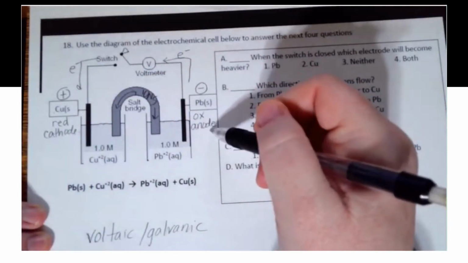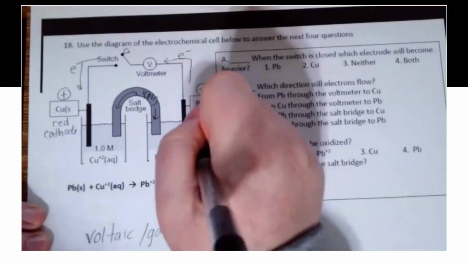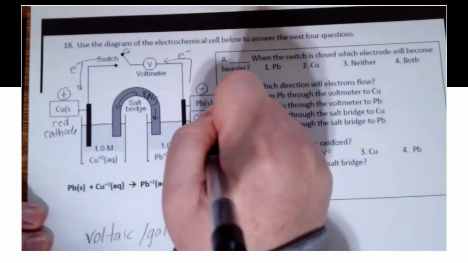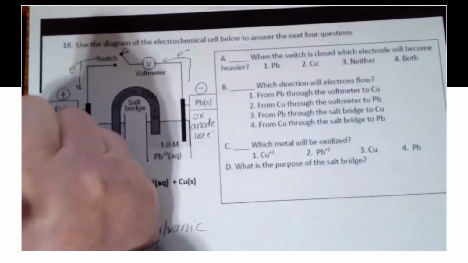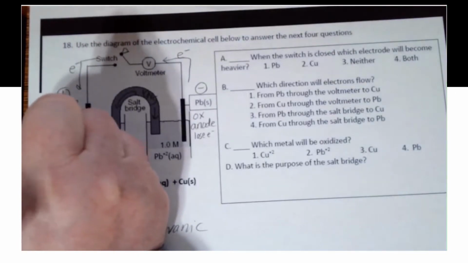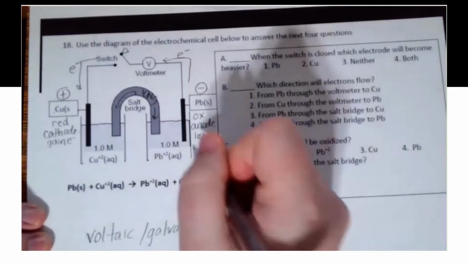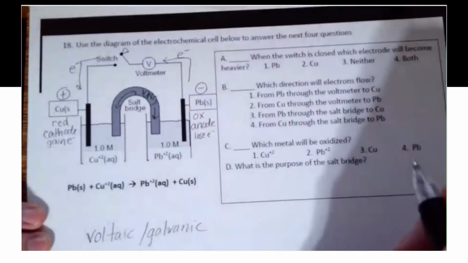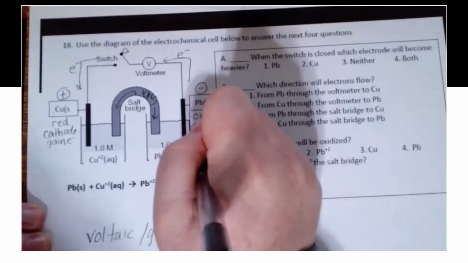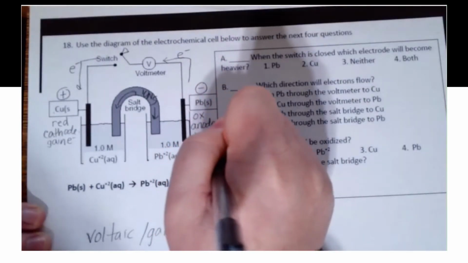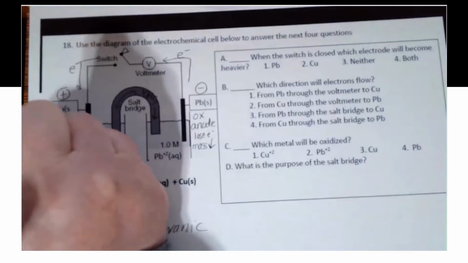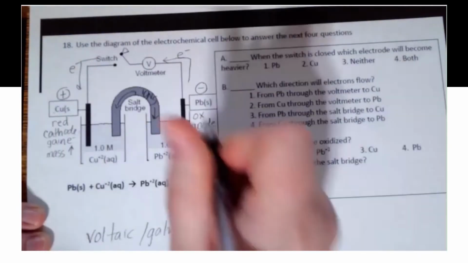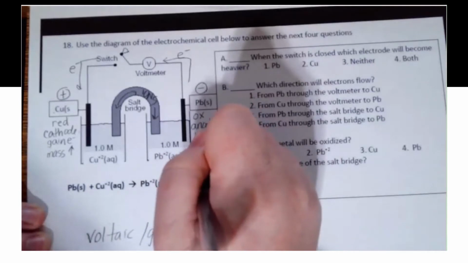Let's see, since this is the anode, and that's oxidation, so that's losing electrons. This side is gaining electrons. Since it's losing electrons, the mass goes down. This mass would go up, which means mass is atoms.